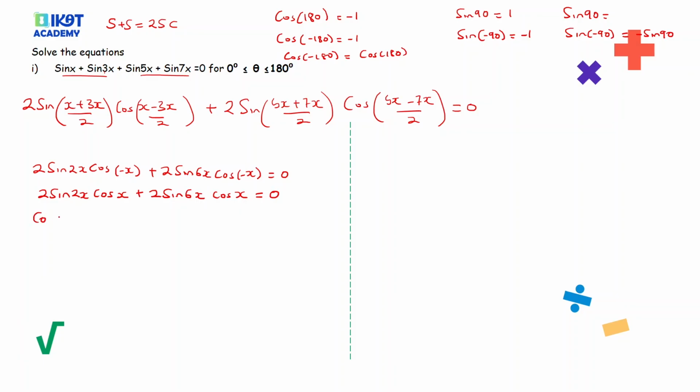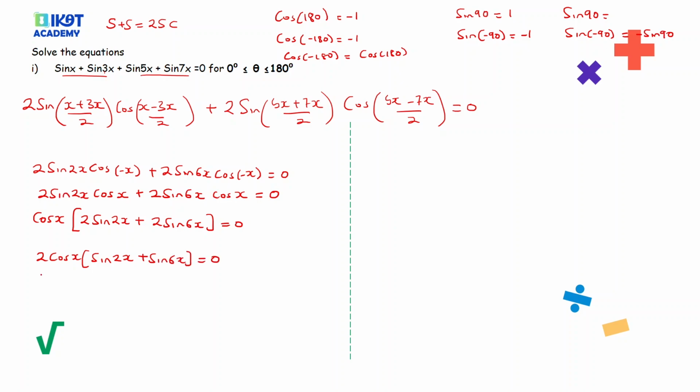So here we have cos x into 2 sine 2x plus 2 sine 6x equal to 0. I think we can factorize out this 2, so this is 2 cos x into sine 2x plus sine 6x equals 0.